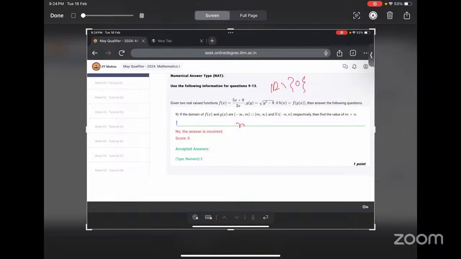So m will be equal to 0. Similarly, what is the domain of g? It should be minus 3 to 3. n is equal to 3, right? That means the value of m plus n will be 3, right?